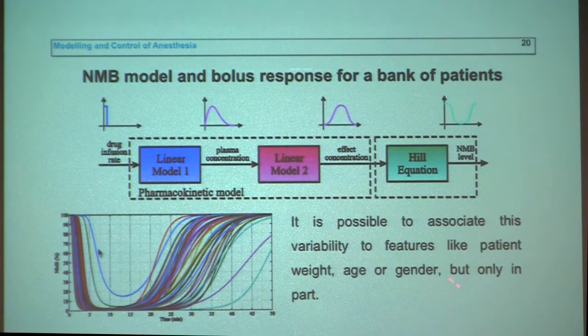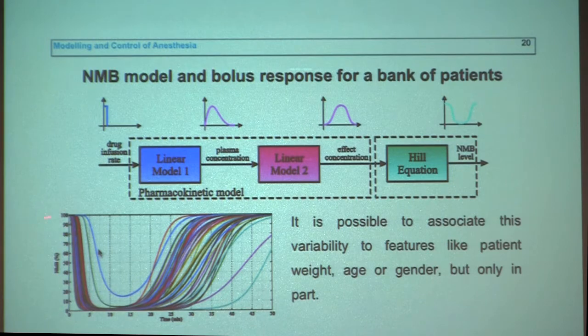Okay? So for NMB, just to give you an idea of the dynamics, you have the linear part and you have the Hill equation. So when you have a bolus, an injection of drug, what happens is you have the impulse response, filtered here, and the Hill equation is a kind of nonlinear inverter.